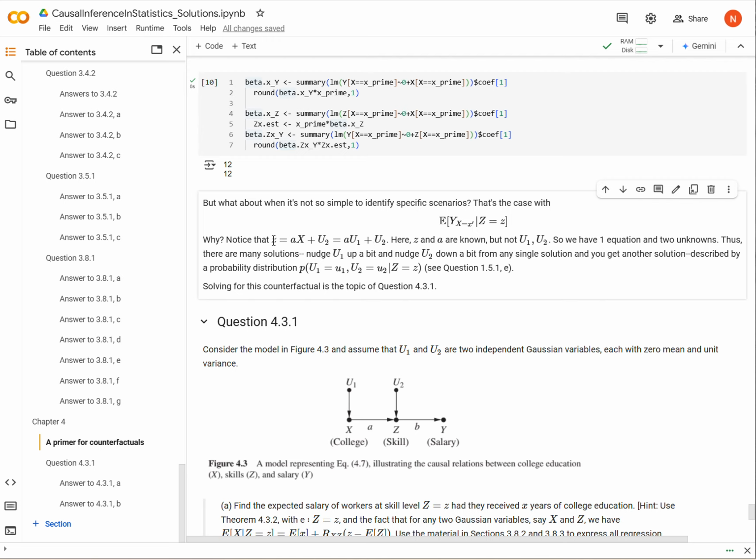And so we have one equation with two unknowns, and there are many solutions to this equation. We nudge u1 up a little bit and nudge u2 down a little bit, and that's a solution. If we have a solution, we just nudge one up and one down, and we continue to find more and more solutions. And the set of all of these solutions is described by a probability distribution, a joint probability distribution of u1 and u2 given z.